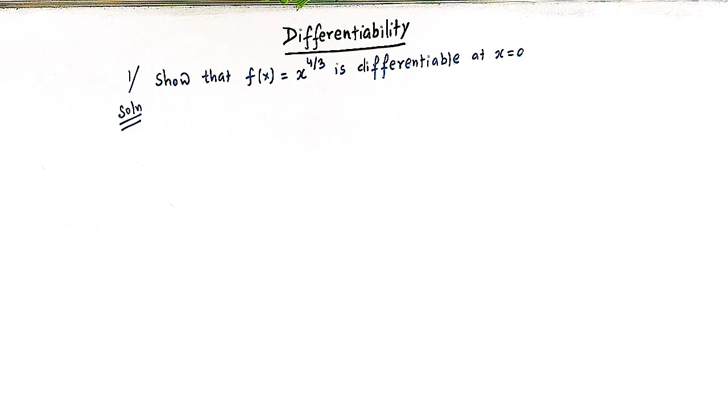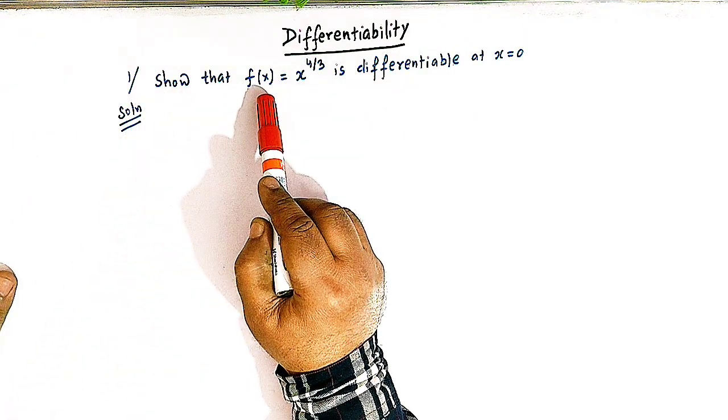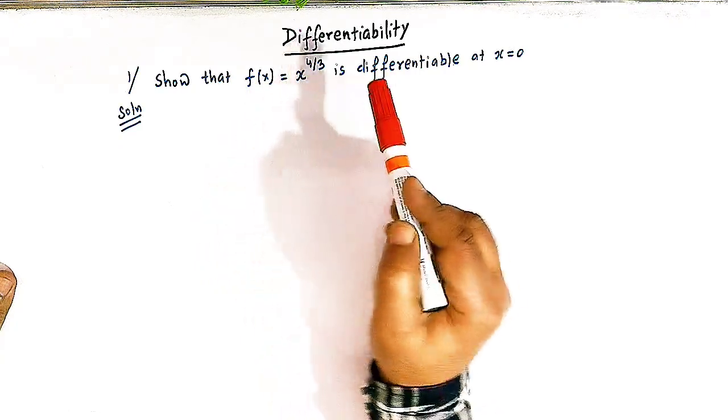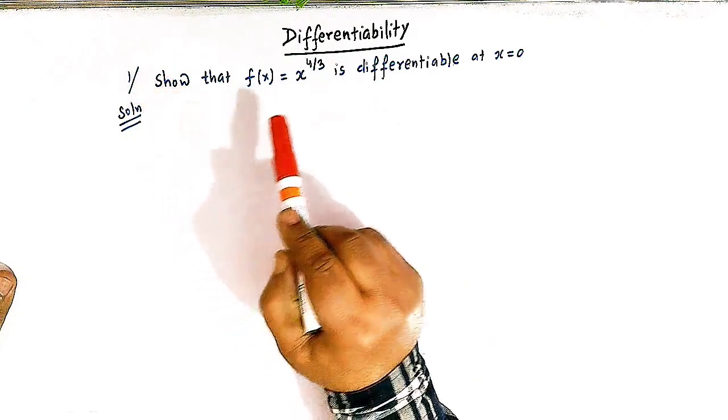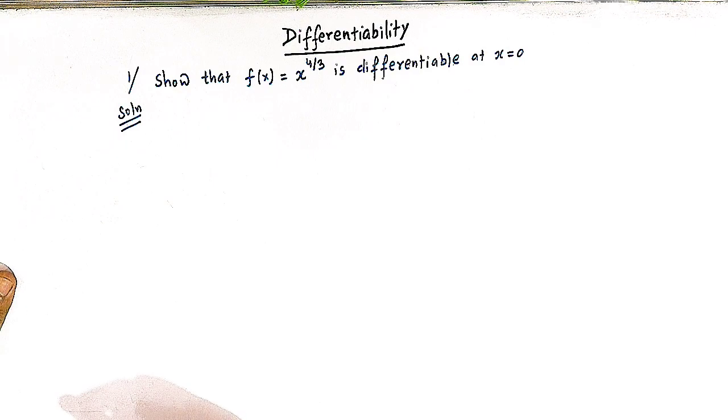Here in this class we are going to solve a problem where we are given a function f of x equal to x raised to 4 over 3, and we have to show that this function is differentiable at x equal to 0, right?